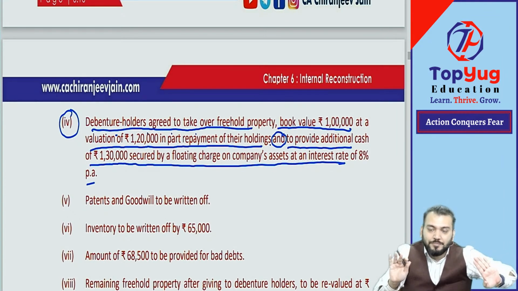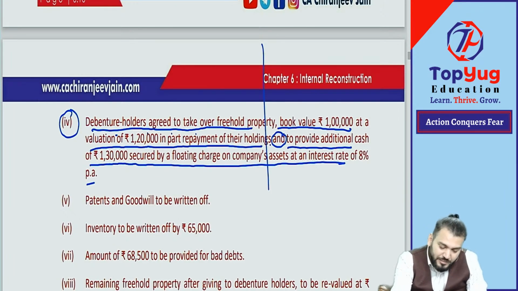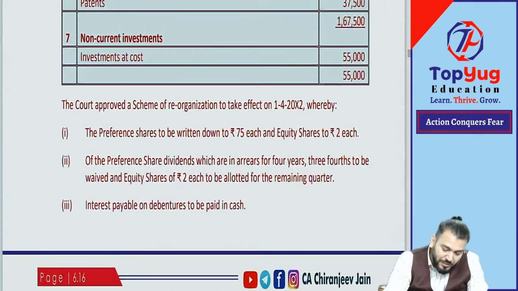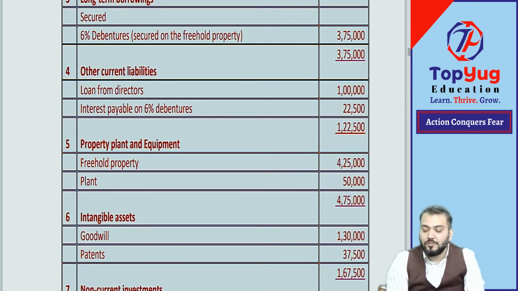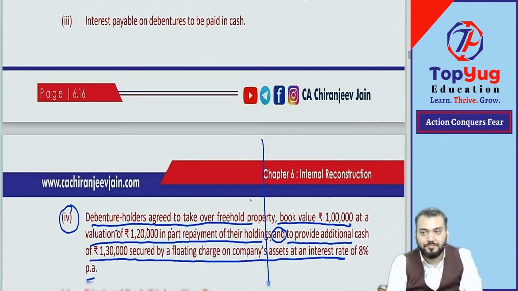In part repayment, if you see what is the total debentures, debentures is 3,75,000. So 3,75,000 minus 1,20,000, how much is left? 2,50,000 is left. 2,50,000 will come in the balance sheet if it is not paid. Correct? Now the second part.